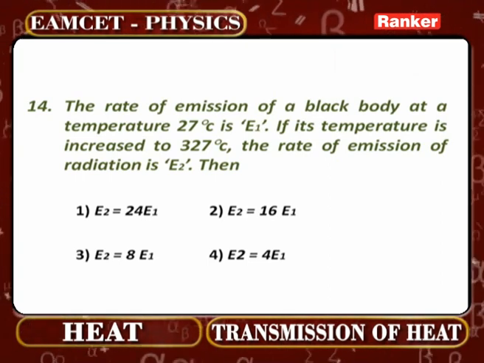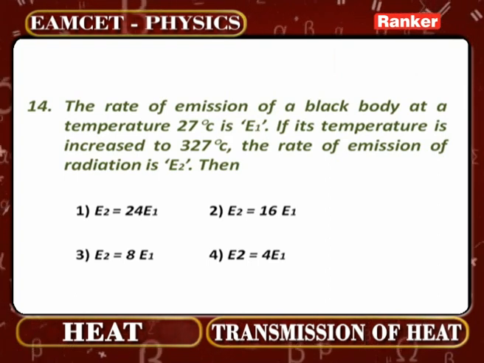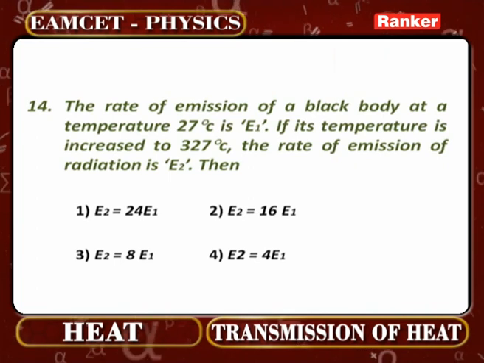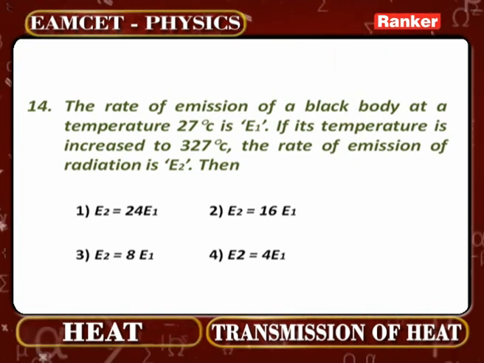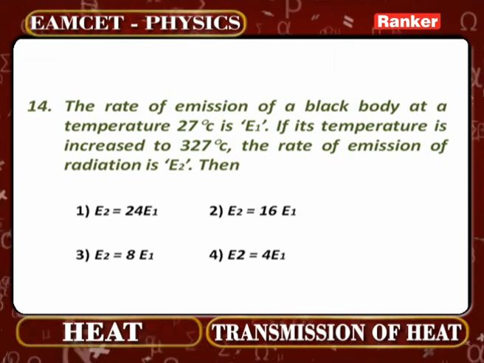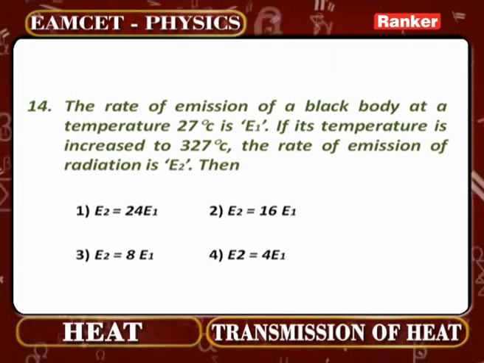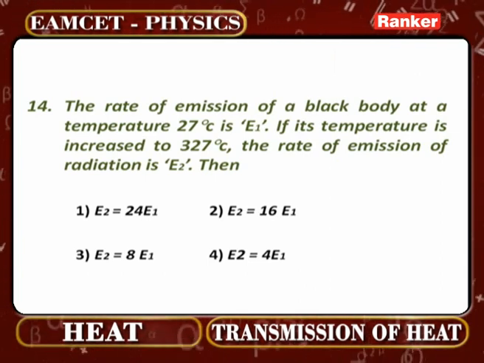The rate of emission of a black body at temperature 27 degrees centigrade is E1. 27 degrees centigrade means, you can understand, it is 300 Kelvin. At this temperature, the emissive power of that black body is given as E1. If its temperature is increased to 327 degrees centigrade, that means it will now become 600 Kelvin.